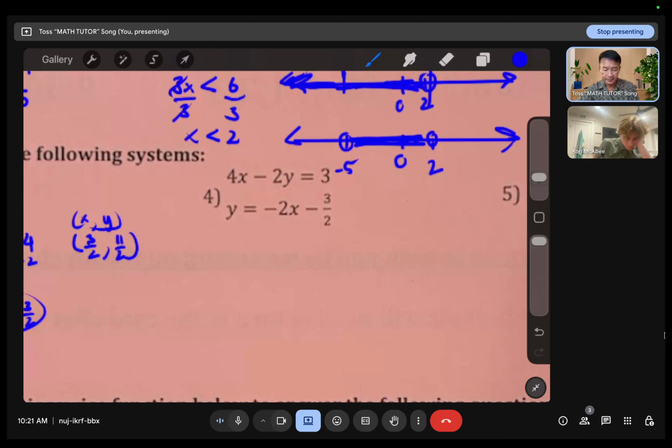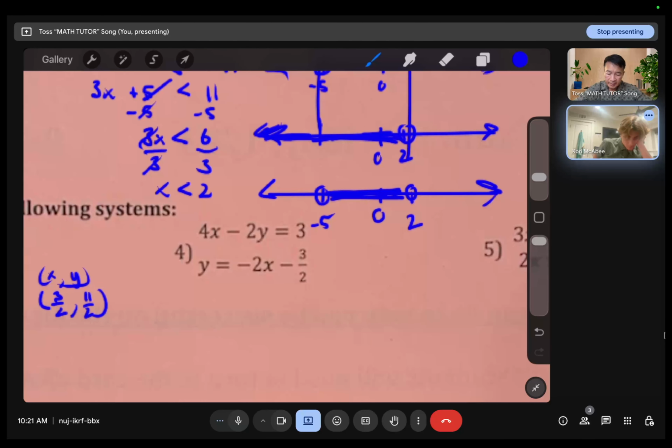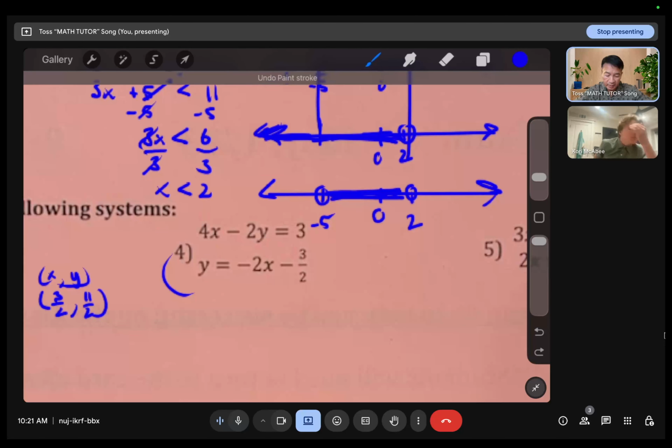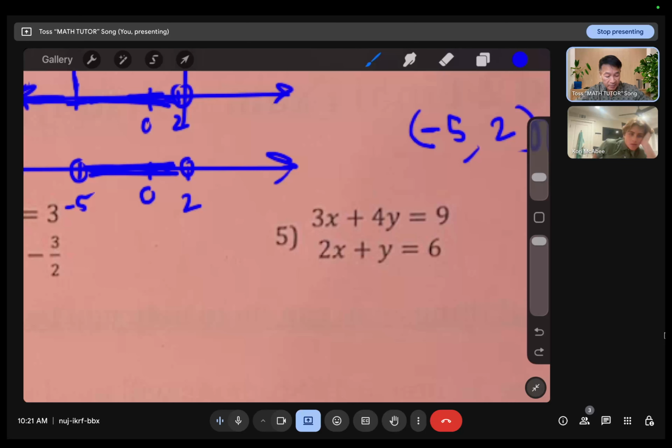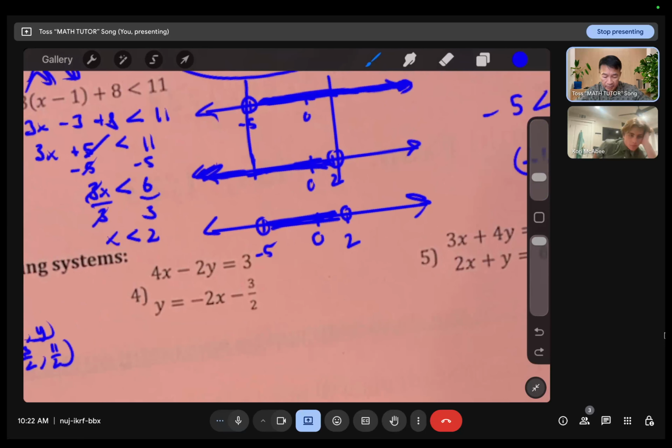Okay, for this one, man, I would not do elimination because there's nothing that you could easily make match. You could multiply both sides by 2, but let's not do that. Here's why. You'll be doing it here. Let's do elimination or addition method here. But this one, I would still substitute because y is solved.